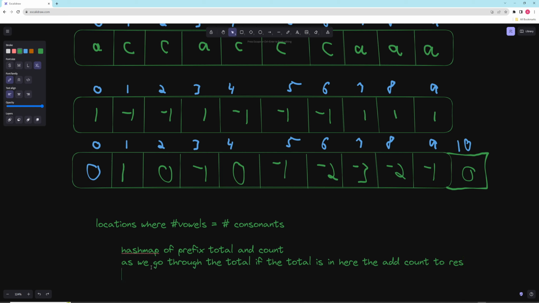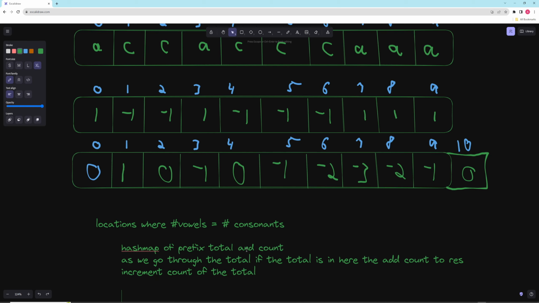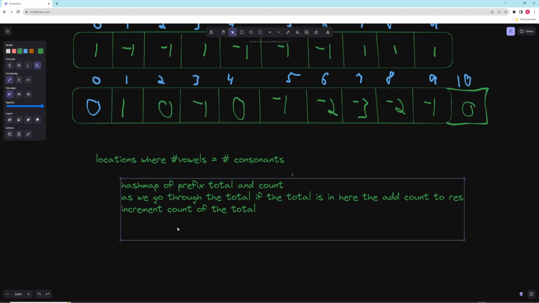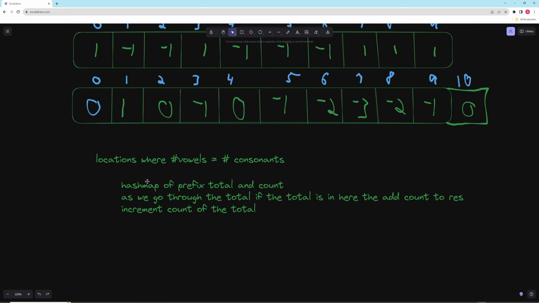So we'll have some result, and then also at the end, increment count of the total. So that's pretty much it, right? We would just go through it. We'd say, is this value in our hash map? If it is, then let's increment our result by whatever that value is. And let's also increment the count in the hash map by 1 after we're done with that.